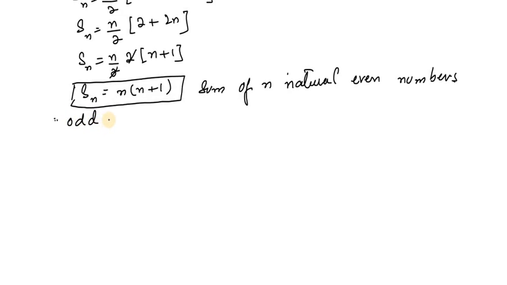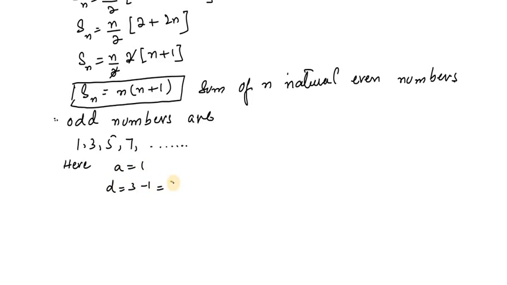Odd numbers are 1, 3, 5, 7, 9 and so on. Here a is equal to the first term, that is 1, and d is 3 minus 1, which is equal to 2.